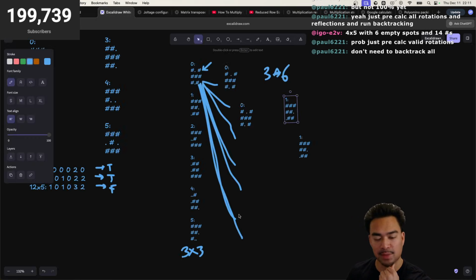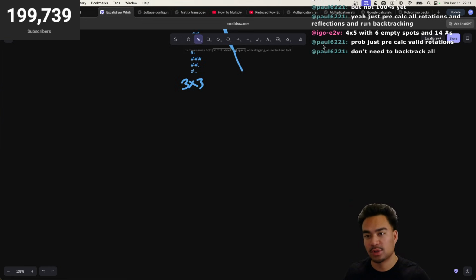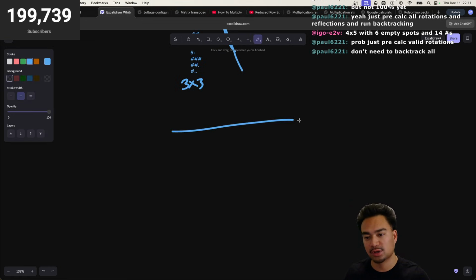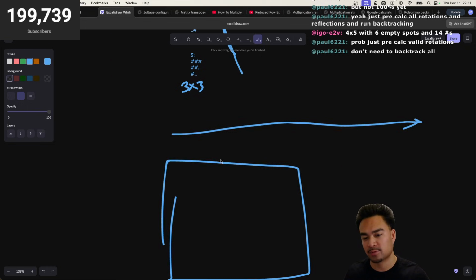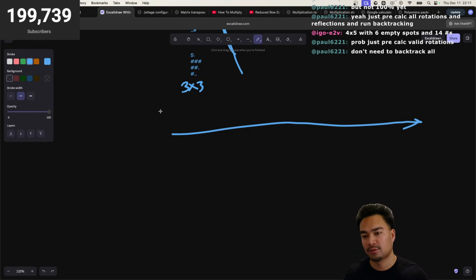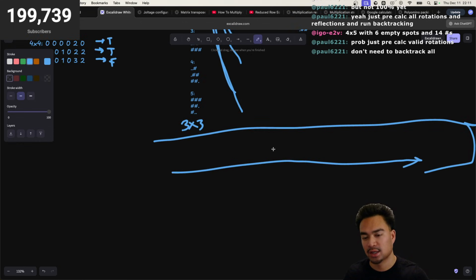Because we just think of packing them all in. I'm wondering if we could just think of packing them in one line, and then the rectangle doesn't really matter. We'll figure that out after. First, we'll figure out the most that we can fit in one line like this, and then we could try to get it into the shape after.